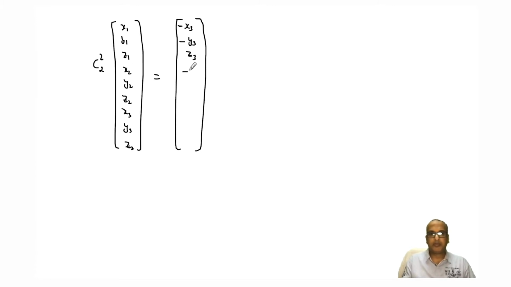x2, the atom remains at the position. So x2 goes to minus x2, y2 goes to minus y2, z2 remains as z2. x3 is replaced with x1, so this goes to minus x1, minus y1 and z1.